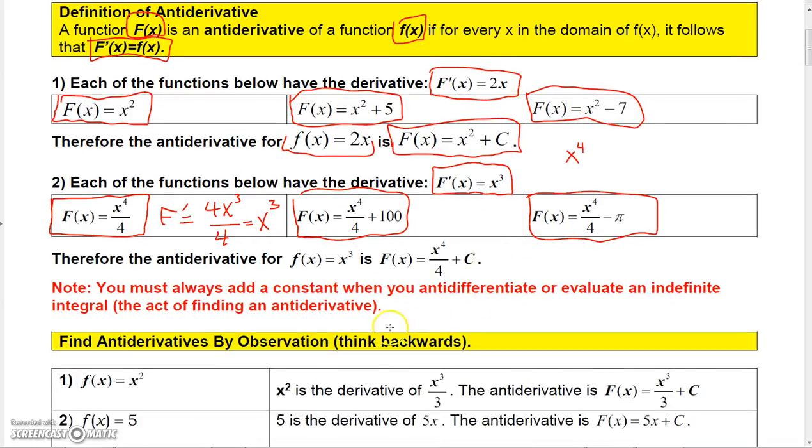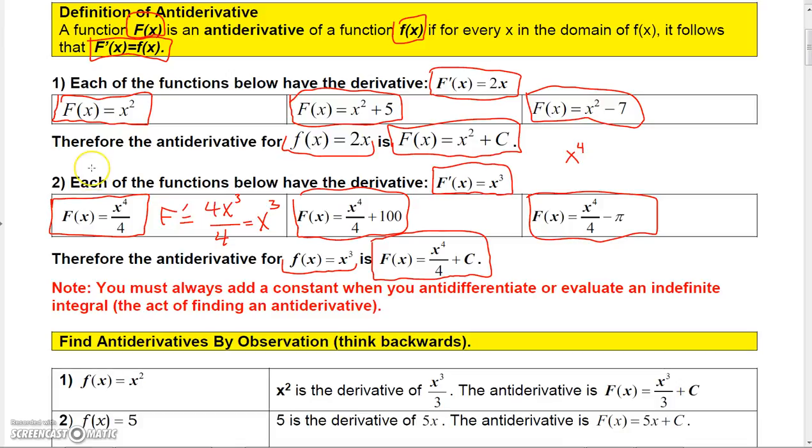Therefore, if we want to find the antiderivative of x cubed, it's got to be x to the 4th over 4, which is the function, but plus any constant. Now, you must always add a constant when you antidifferentiate or evaluate an indefinite integral, and we'll do that in just a little bit.